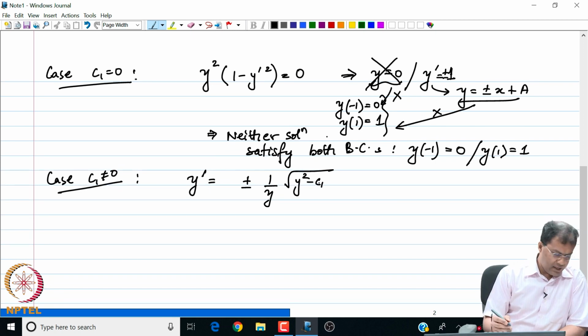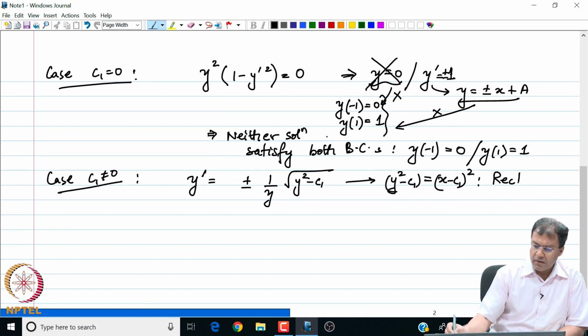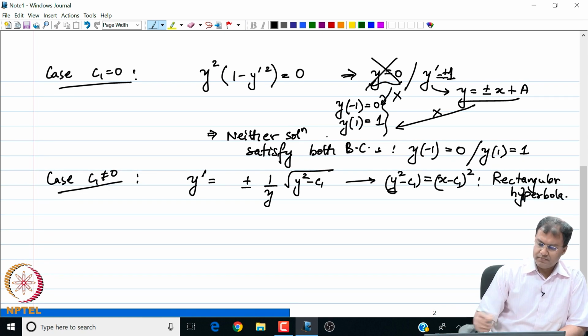And when we solve that, we get the following solution, which is y square minus C1 is equal to x minus C1 whole square, which if you draw the curve will be a rectangular hyperbola, right. Okay.